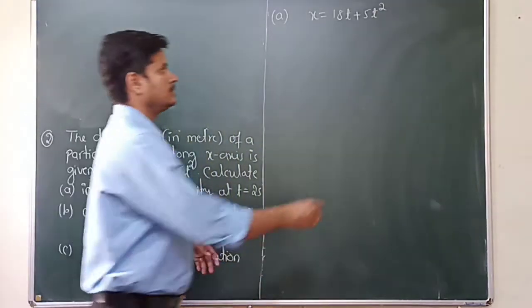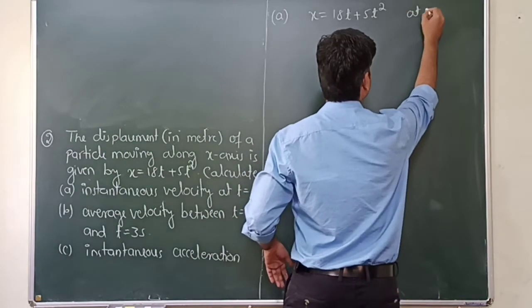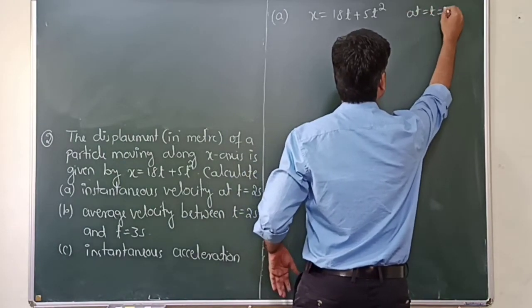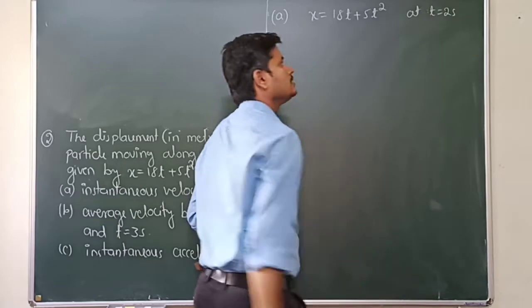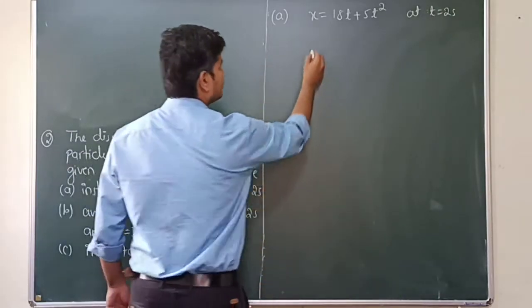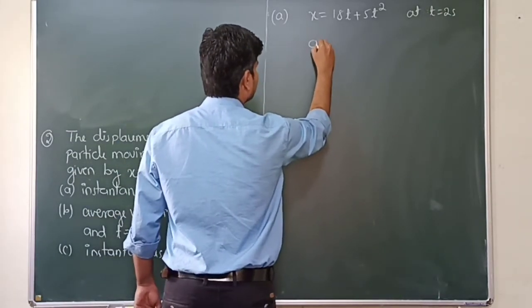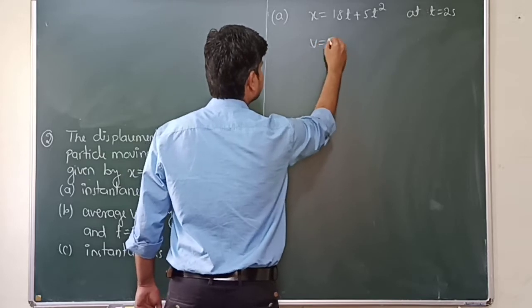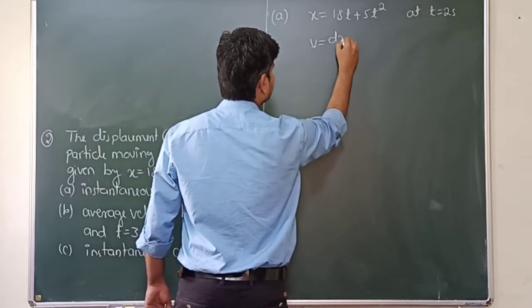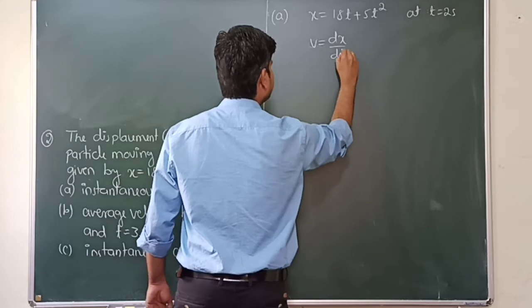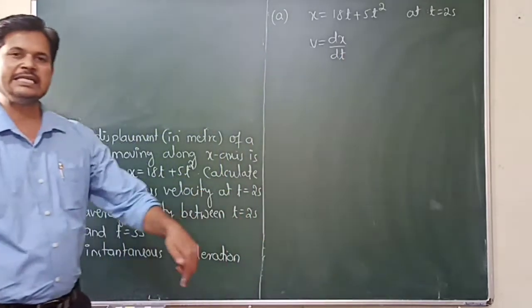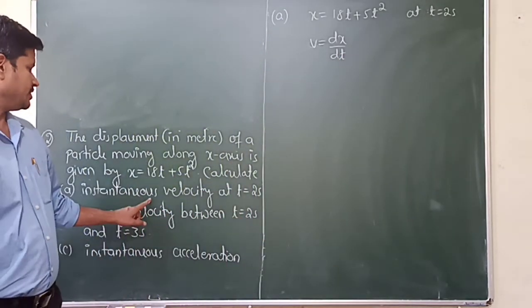Instantaneous velocity at t is equal to 2 seconds. For that, velocity is equal to dx by dt. It is the instantaneous velocity equation.